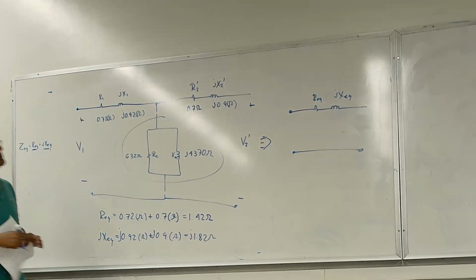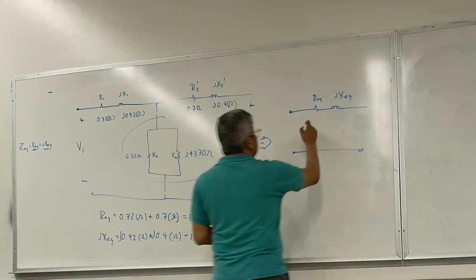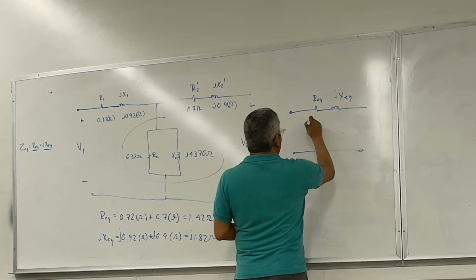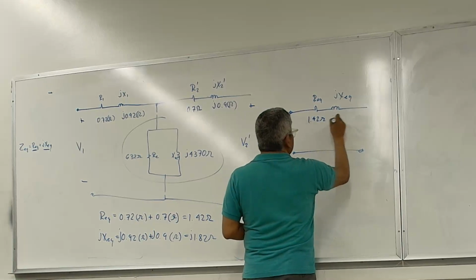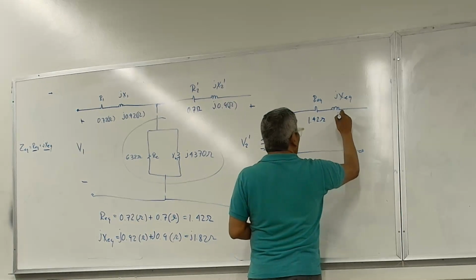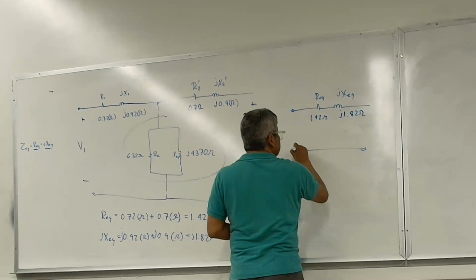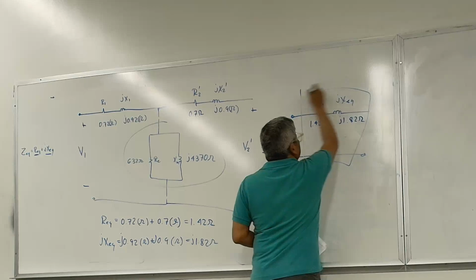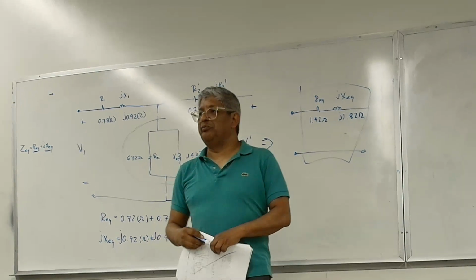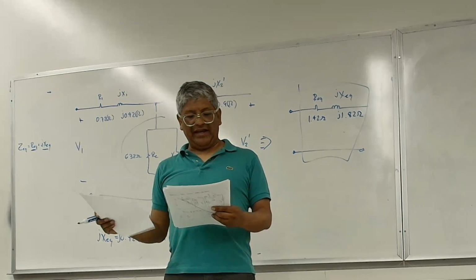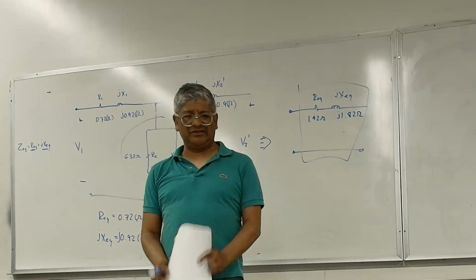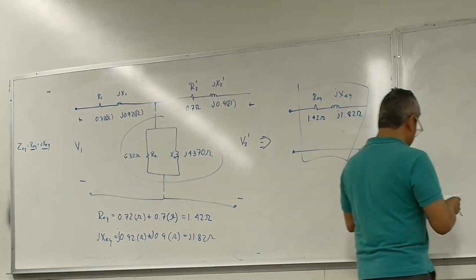Okay, so then this is 1.42 ohms, J1.82 ohms. And this is the information that you will put in the software. Okay, that was very simple, but it comes around.